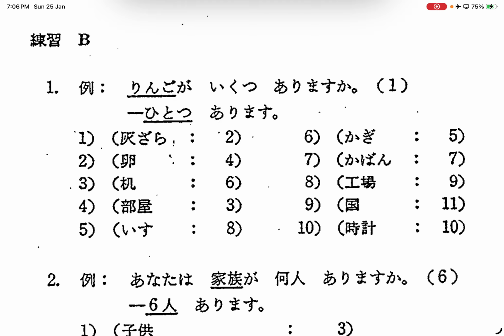So we just have to use 4つ, 6つ. Number 4, 部屋, 3. Okay, 部屋 can is only for like semi-detached and bungalow. So 部屋 has a very special counter lah.